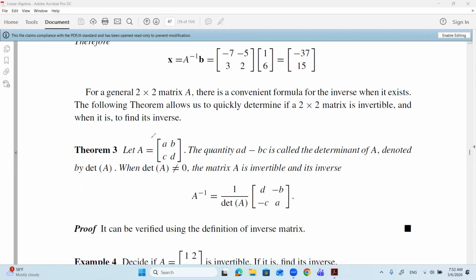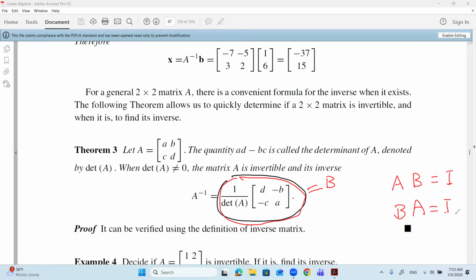But how do you verify? Before we know this matrix is the inverse of A, we can simply call it B. Does the matrix B satisfy the two conditions? We just multiply the given A by this B. Do I get the 2 by 2 identity matrix? If I multiply B times A, do I also get a 2 by 2 identity matrix?